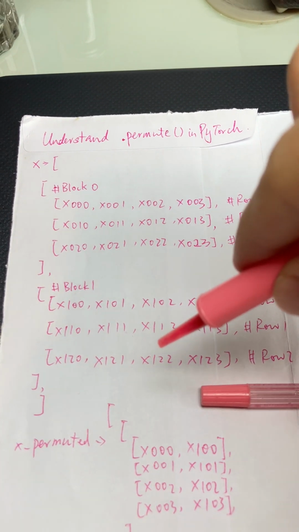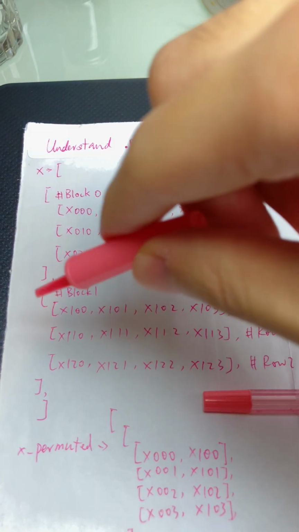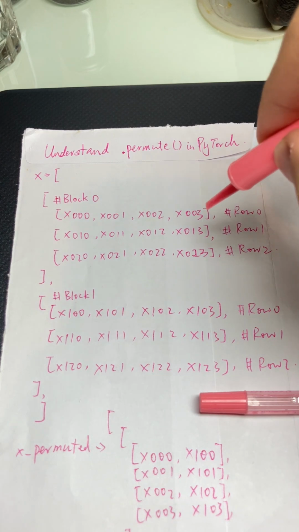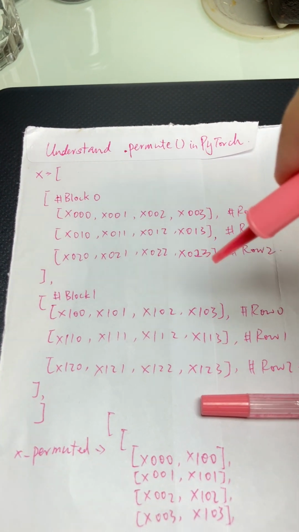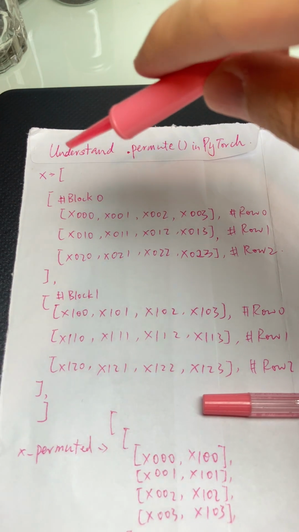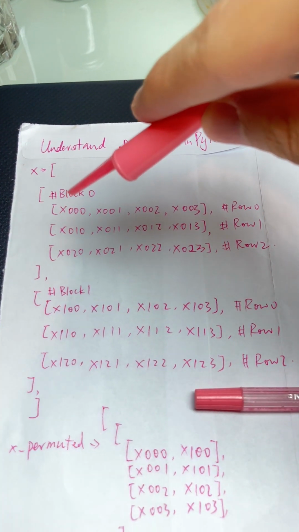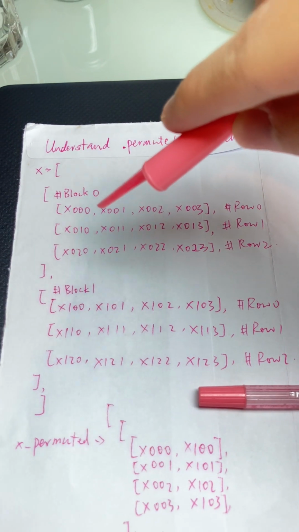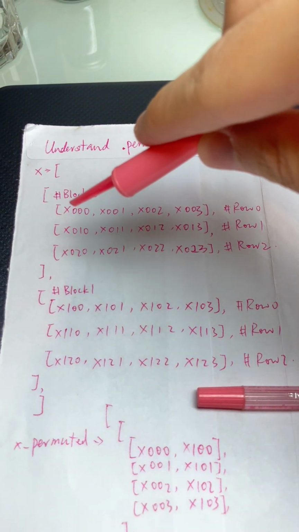We have this as block 0, this is block 1, and for each block we have 3 rows: 0, 1, 2. For each row we have 4 columns. So here I will subscript the original position on the x.